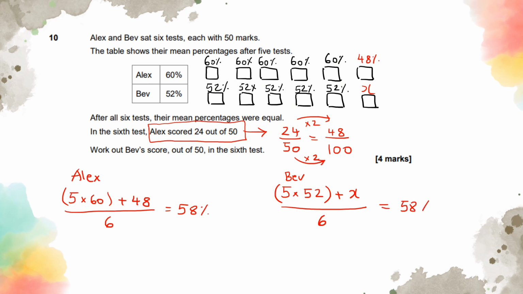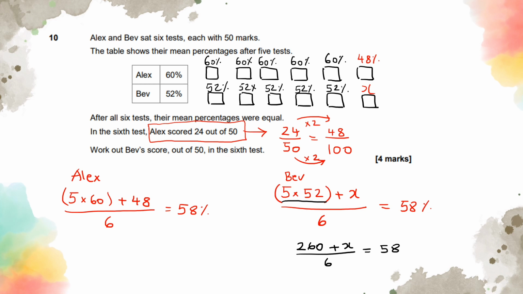Okay. Now, what we need to do using our calculator is, we are going to be solving an equation here. So I'm just going to be doing 5 times 52 first. So 5 times 52 is going to give me 260. So this section here is going to be 260. So I'm just going to write it down again. 260 plus x out of 6 should be 58. We are going to multiply 58 with 6.